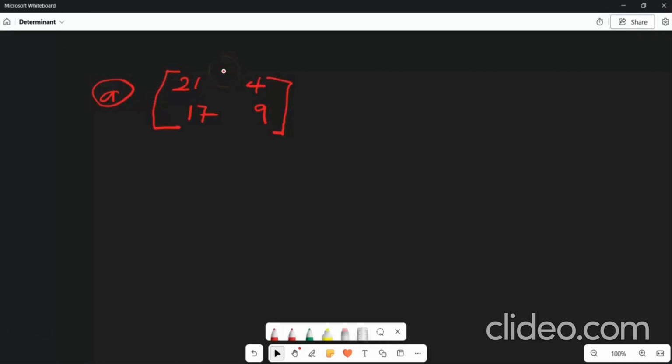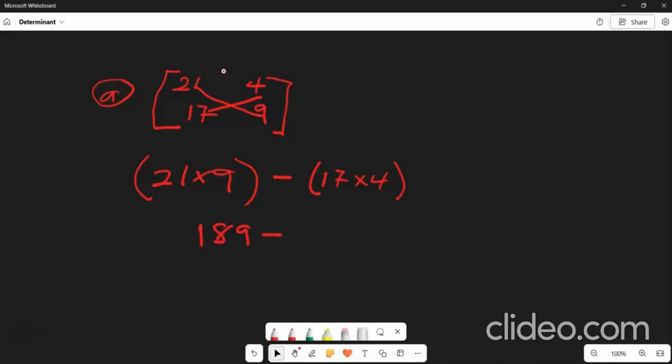From our first question, we find the product of the leading diagonal, which is 21 times 9, minus the product of the minor diagonal, which is 17 times 4. 21 times 9 gives us 189, minus 17 times 4, which gives us 68.